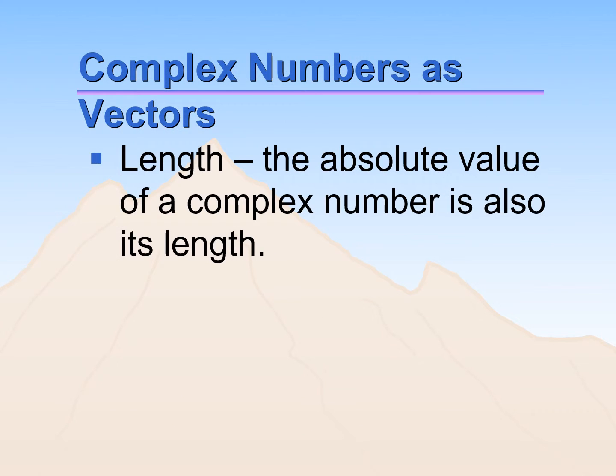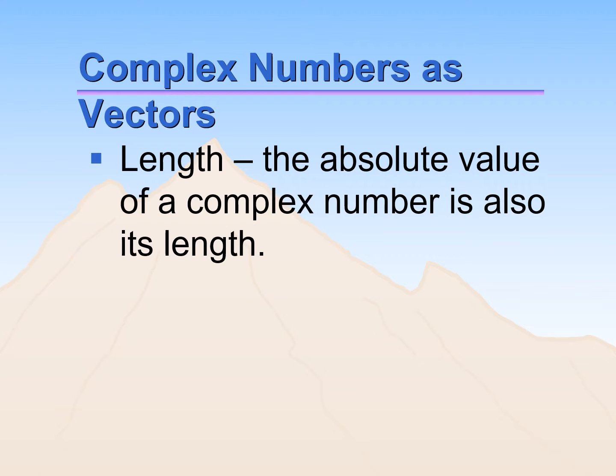Okay, so one thing that is an important characteristic of a vector is length. If you're looking at complex numbers as vectors, remember in the previous lesson we learned how to take an absolute value of a complex number. Well, the absolute value of a complex number is also the length of a vector.